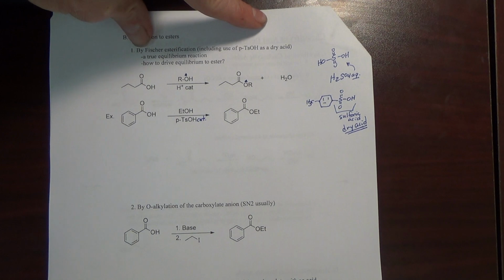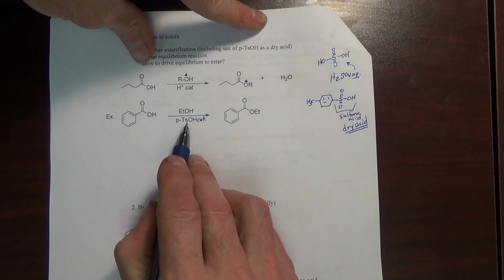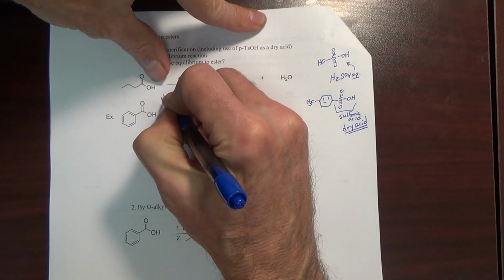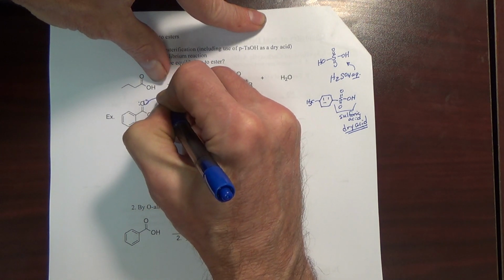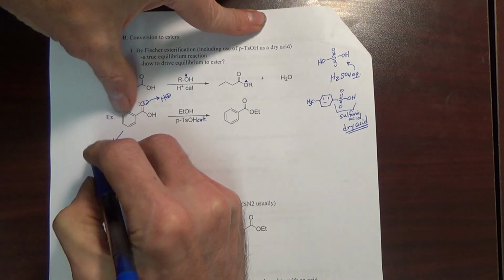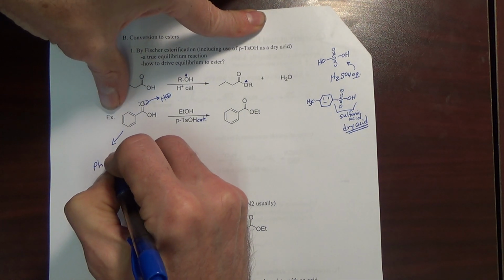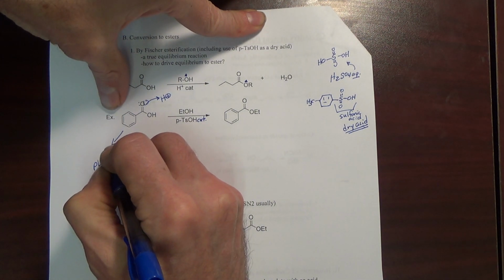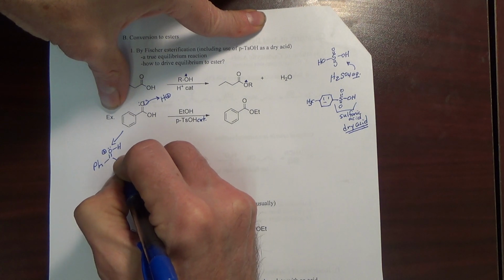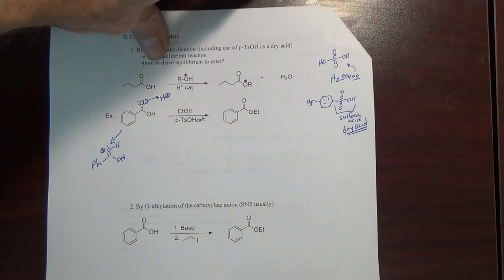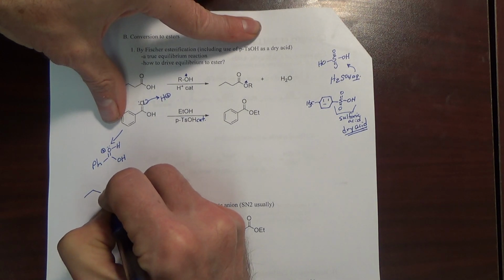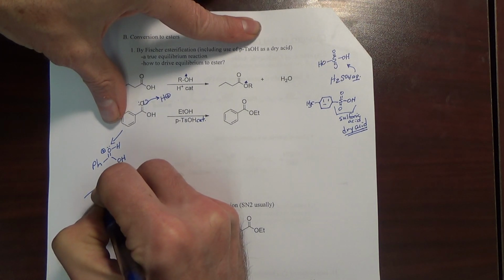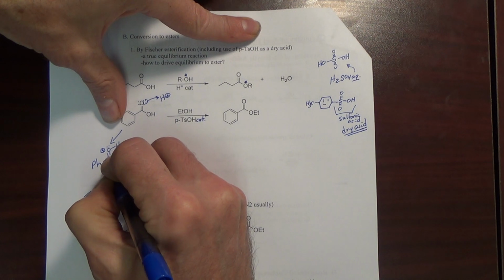Okay. Let's look at the mechanism here. We're under acidic conditions. First thing you typically want to do is protonate something. We're going to protonate the carbonyl. We've talked about that. I'm just going to say phenyl here. Protonation of the carbonyl makes it more electrophilic. Now the weak nucleophile ethanol will attack this protonated carbonyl.